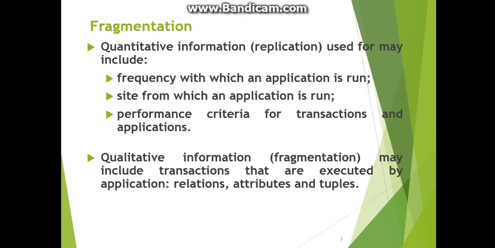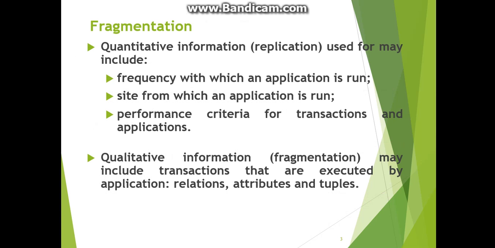Quantitative information used in fragmentation may include the frequency with which an application is run, the site from which an application is run, and the performance criteria for transactions and applications. There are various desired characteristics of fragmentation. The fragmentation must be complete. That means once you finish your fragmentation and combine all your sub relations, they should form your original relation.